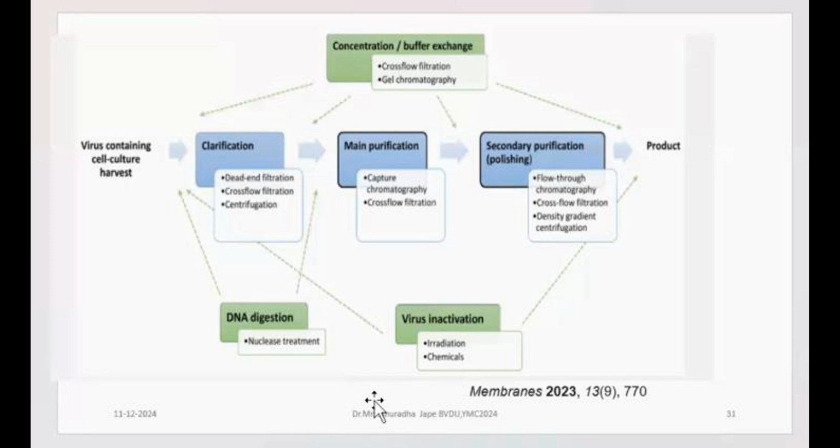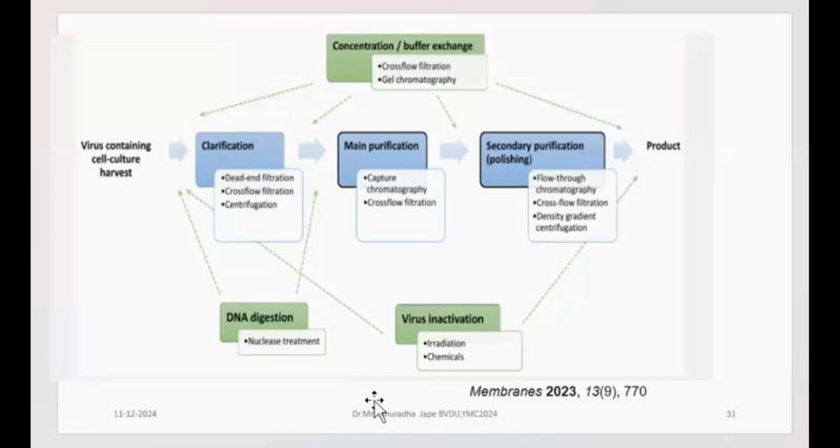So when it comes to application, surely it is about purification of proteins and all other biomolecules which have importance in therapeutics or, you can say, pharmaceutical applications or even diagnostic applications. So you have to prepare that biomolecule in purified form.